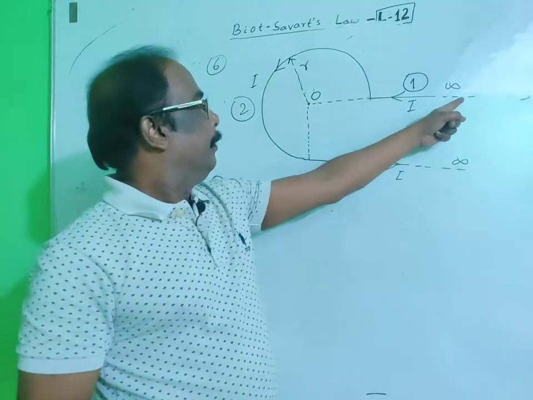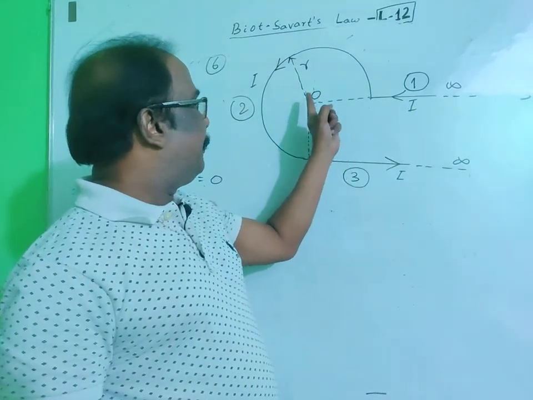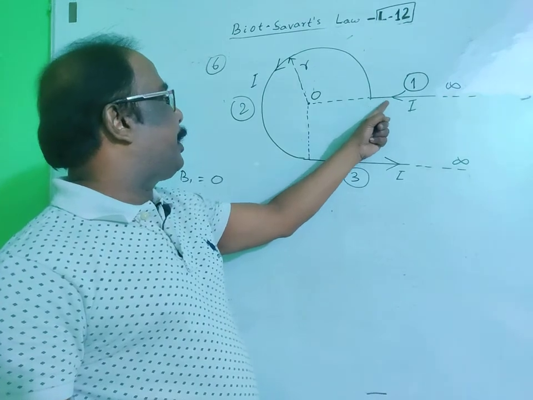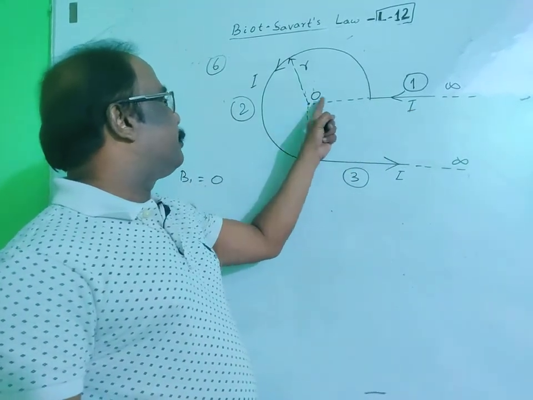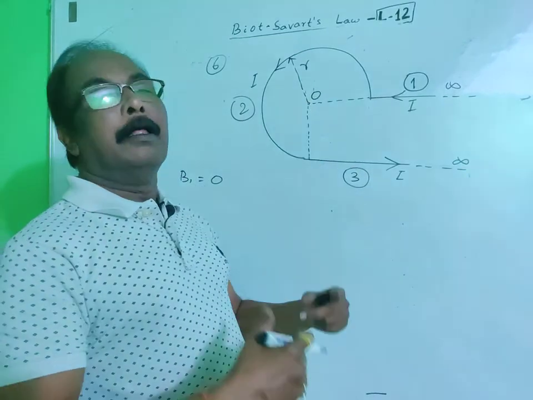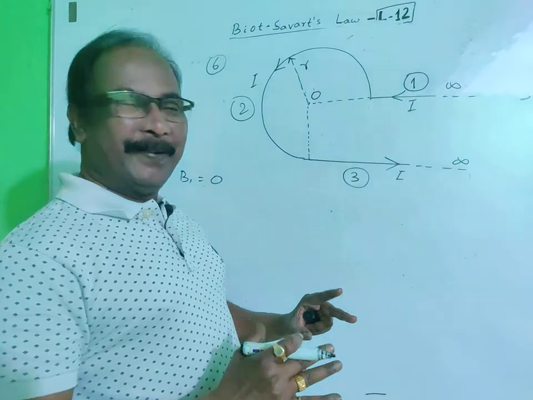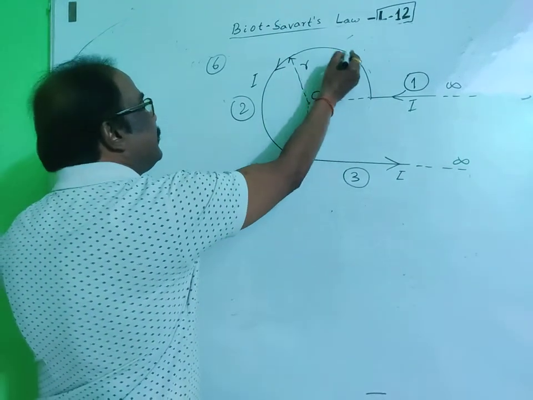See, we have to find the magnetic field at center O, and O lies along the direction of this straight conductor of infinite length in one direction. If a point lies along the direction of flow of current, then the magnetic field is zero in accordance with Biot-Savart's law. Then the magnetic field B2 is due to this curved part.